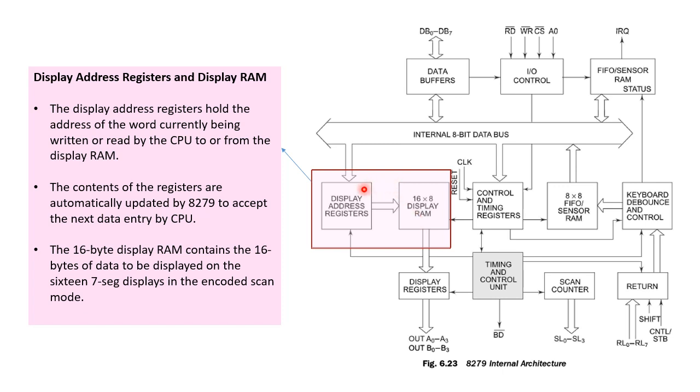And the display address register holds the address of the word which is currently being written by the CPU to the display RAM or vice versa. So this is the main purpose of the display address registers and 16 by 8 display RAM.